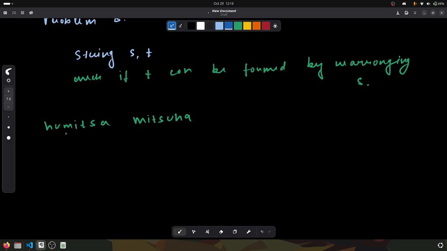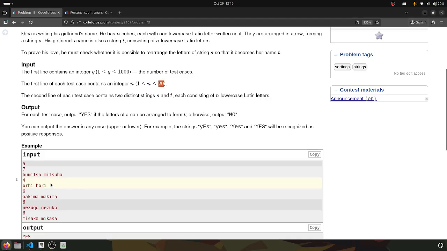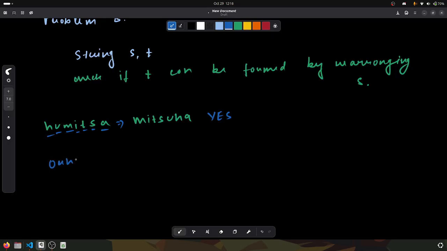Yes, so basically M, I, T, S, U, H and then A. So this can be rearranged into this, so yes. And then Orhi, Hori and Hori. So again this can be rearranged since H, O, R and I. So yes.